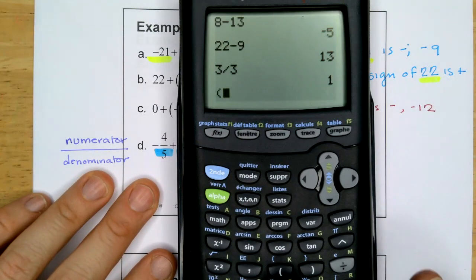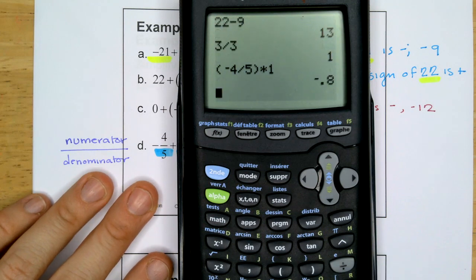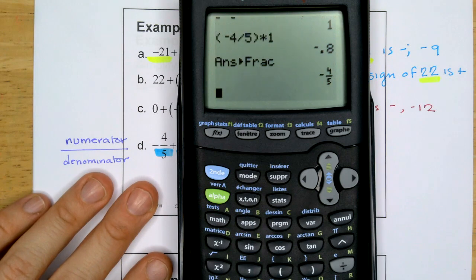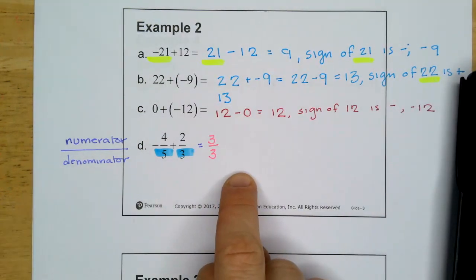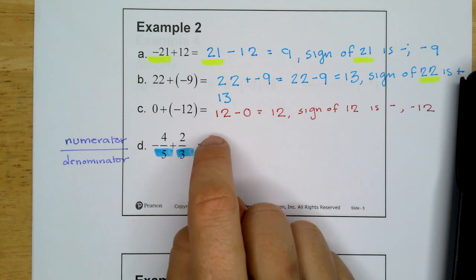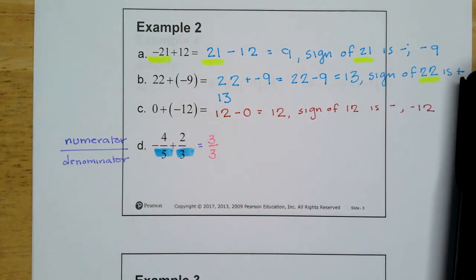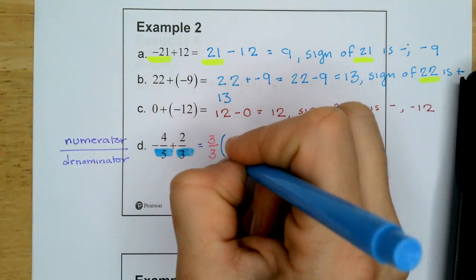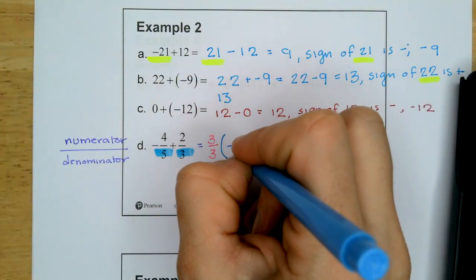And -4/5 times 1 is still -4/5. You're preserving the equality by multiplying by the same number on the top and the bottom of the fraction. So we're going to multiply that by your original fraction, -4/5.